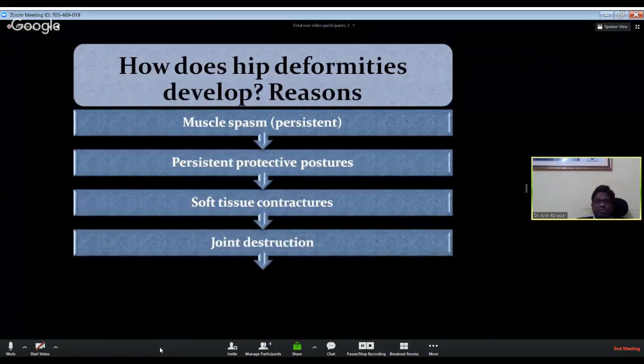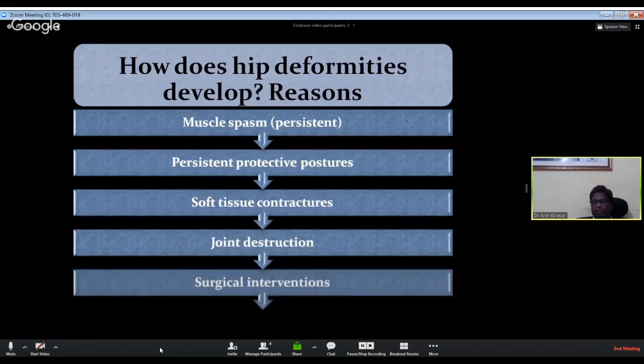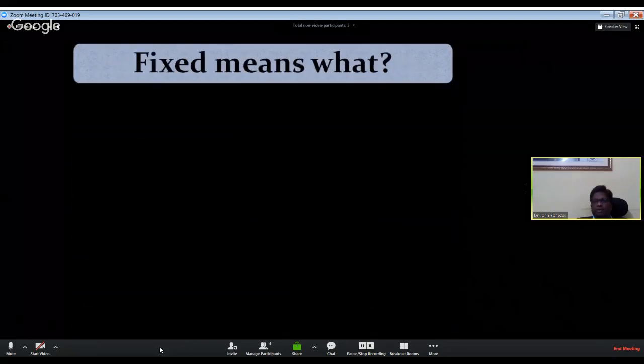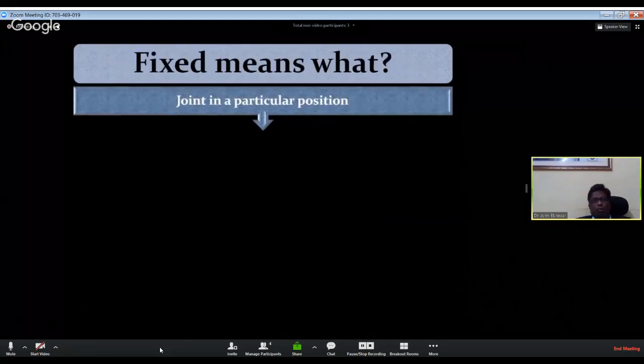That is when the joint starts getting destroyed and surgical interventions are warranted. Initially the deformities are temporary, then later on they become permanent. So: muscle spasm, persistent protective postures, soft tissue contractures, gradual joint destruction, warranting surgical intervention; initially temporary, later permanent. This is how hip deformities develop.